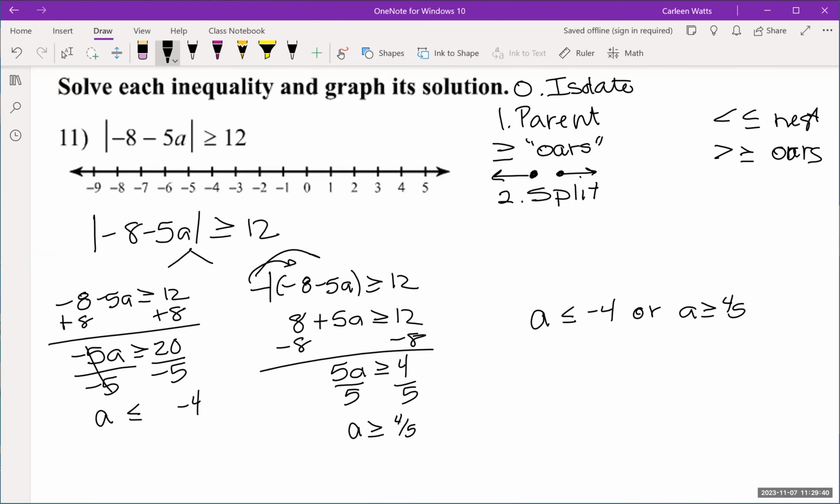And the graph looks like oars. So less than or equal to -4, or greater than or equal to 4/5. Well, 4/5 is a little less than 1, right?